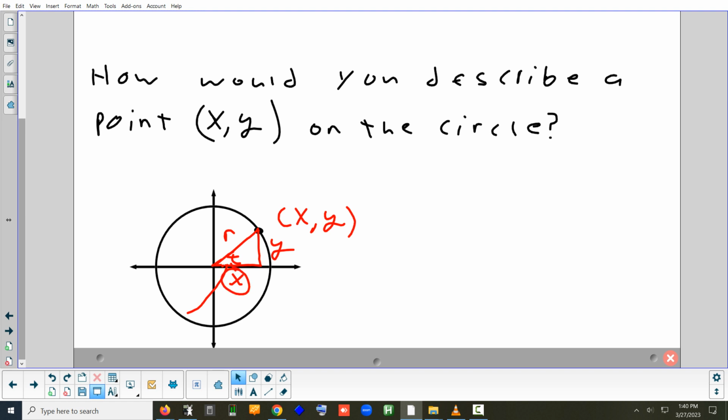What trig function would involve x, t, and r? Cosine. Cosine of t equals, and what would go on the other side?